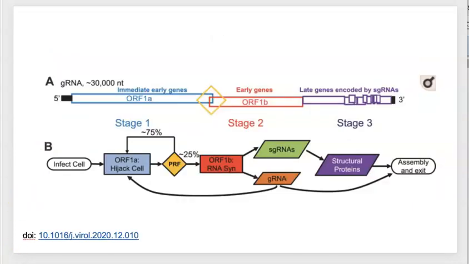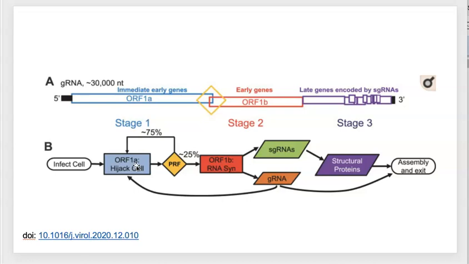This is a map of the subgenomic RNAs and gives you a sense of the replication process in 3 stages. So the cell is infected, and initially the virus will encode the ORF1A polyprotein, whose primary goal is to hijack the cell. And by hijack the cell, we're talking about securing ribosomes so that the ribosomes of the host are exclusively dedicated to making virus proteins. But it's also about disrupting innate immunity such that the cell and the human cannot protect itself.